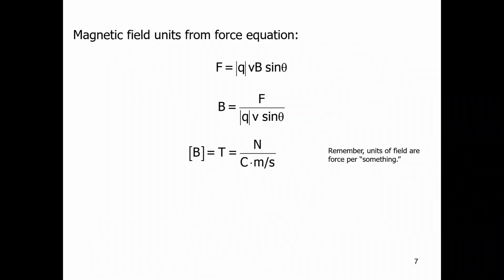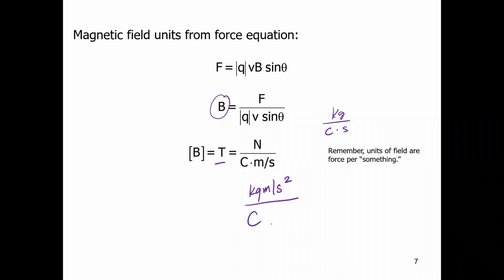So if we were to look at the magnetic field units from this equation, if you rearrange to solve for B, we know that the unit for the magnetic field is the Tesla. And we said that a Tesla was a kilogram per coulomb times second in our previous video. But that's also the same thing as a Newton per coulomb times meter per second, because a Newton is a kilogram meter per second squared.